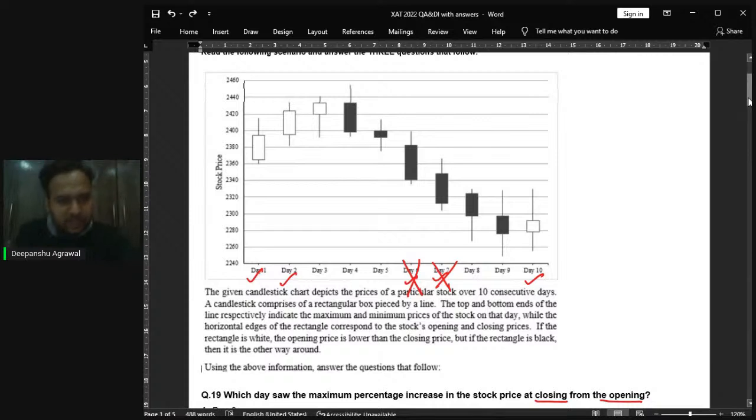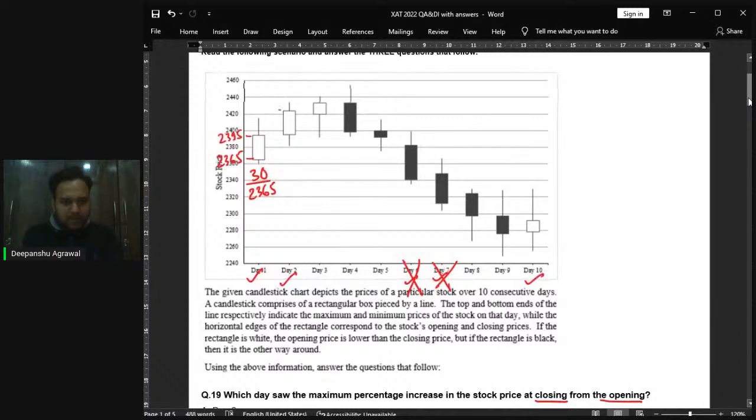Okay, let's quickly try to calculate. So this would be 2395, and this would be 2365. So this would be 30 divided by 2365. Okay, right.